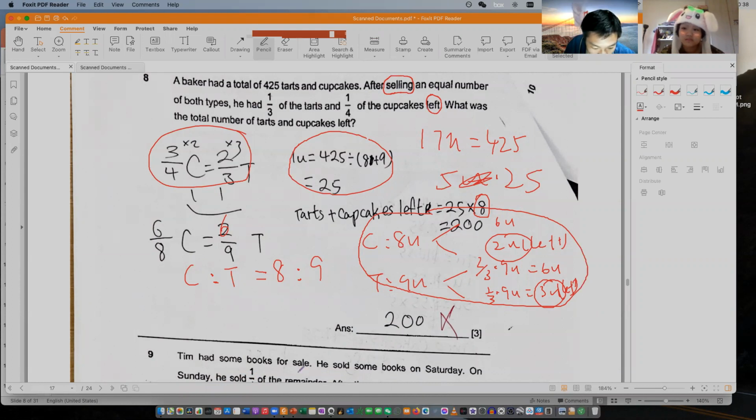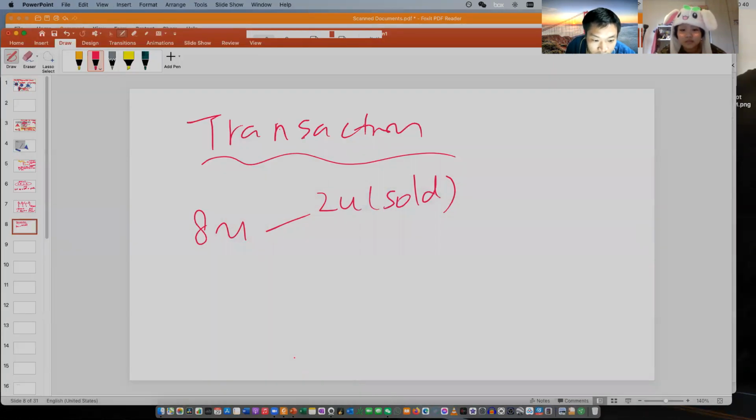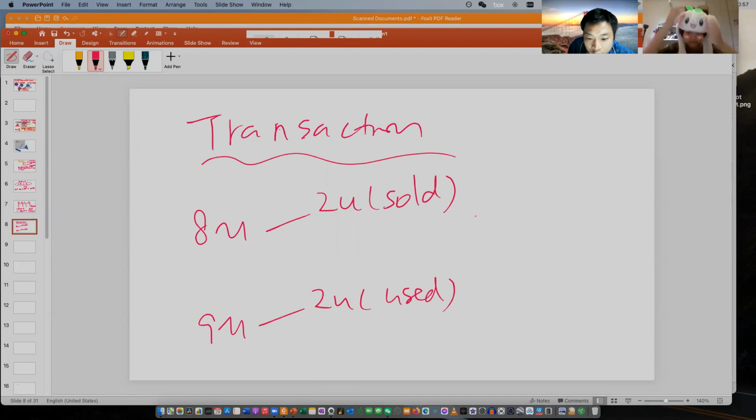Other words for transaction are use. Let's say you have 9U, you use 2U. Other words to signal this is a transaction question: let's say you start with 7U and then you spend, or give away.